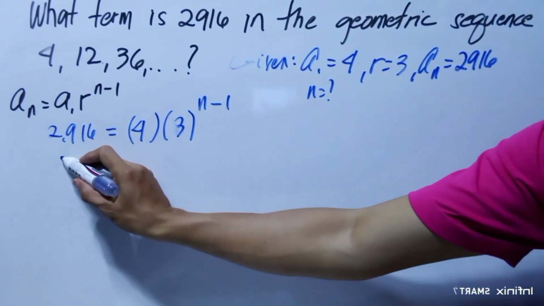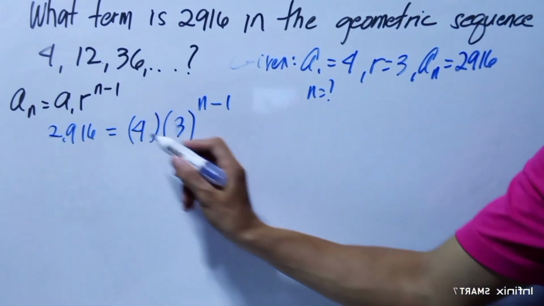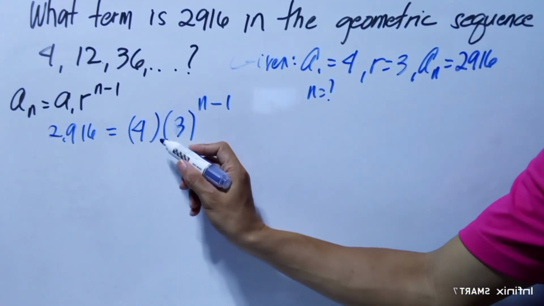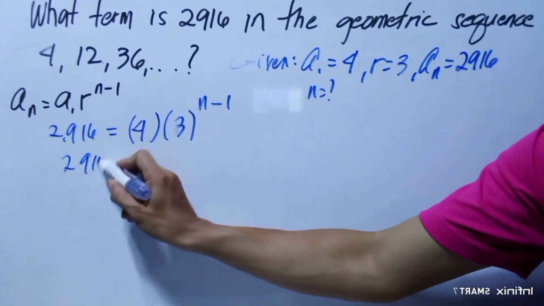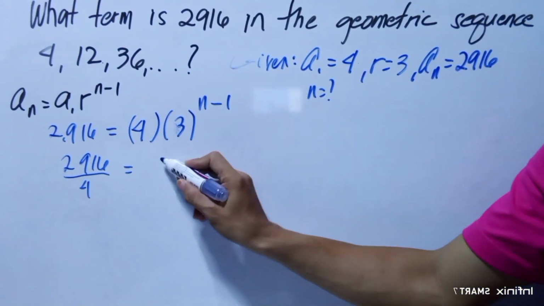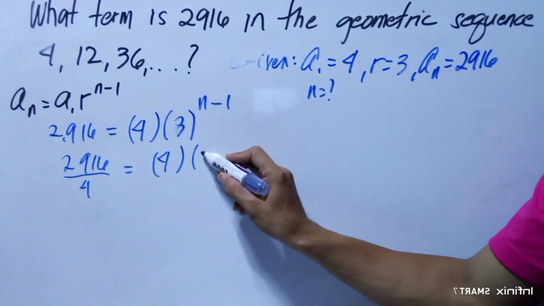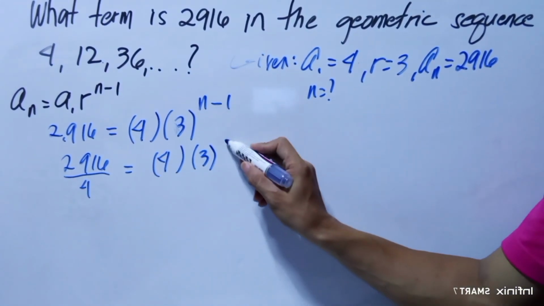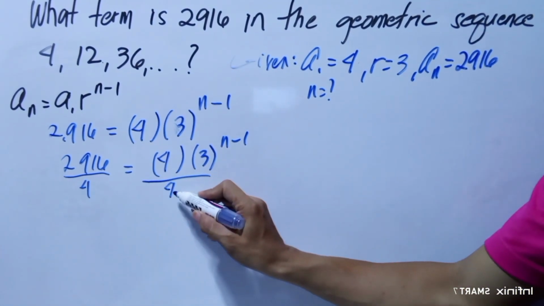Okay? So, tuloy natin. So, pwede natin i-divide both sides ng 4. Okay? So, 2,916, divide natin yan by 4. Si 4 din, times 3, o yung common ratio natin, then n minus 1, i-divide din natin yan by 4.